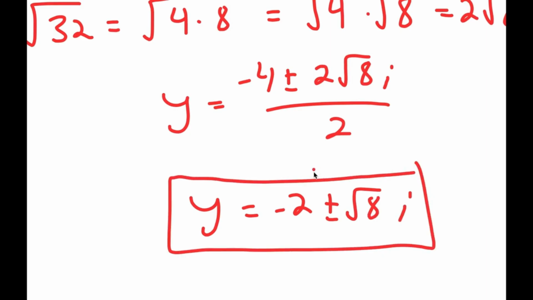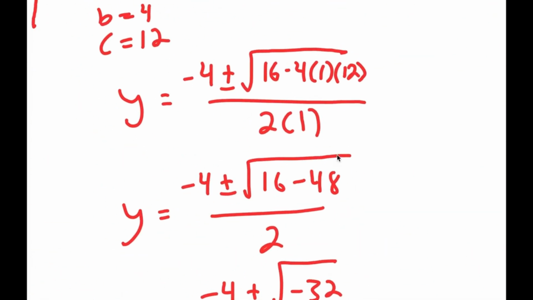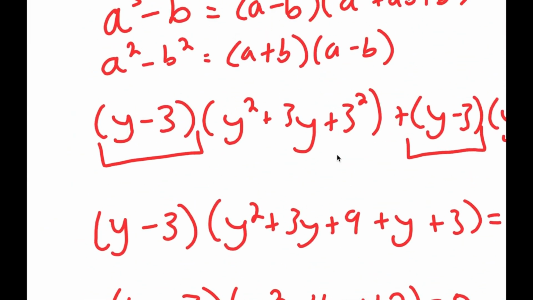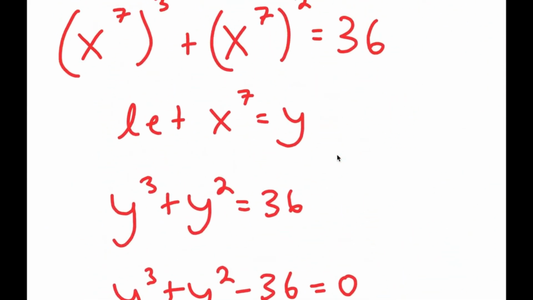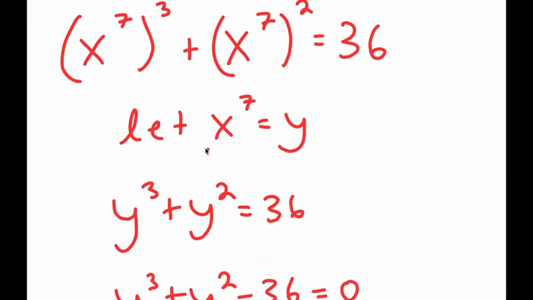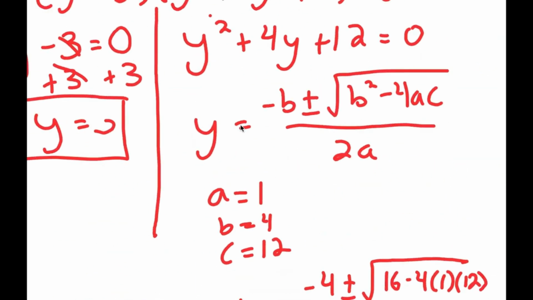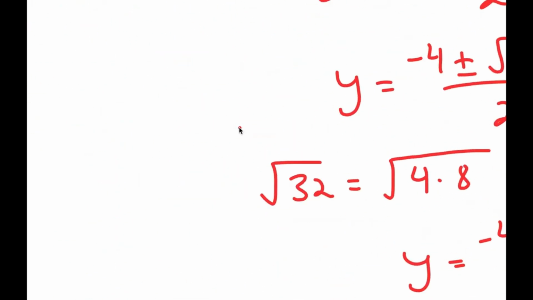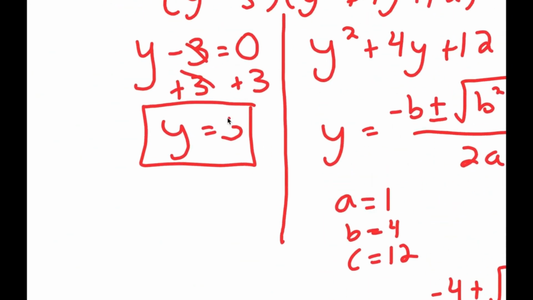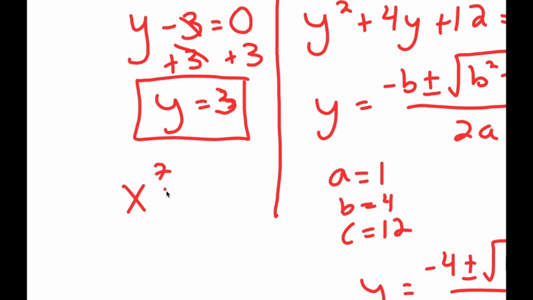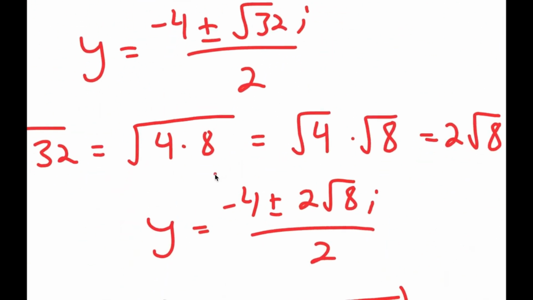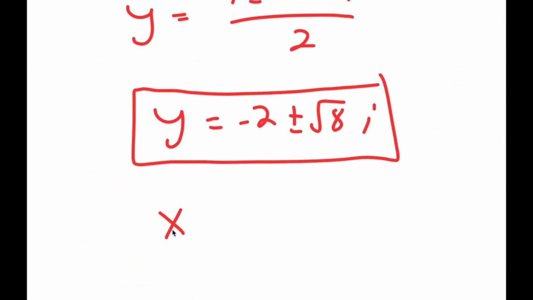However, we're not done yet, because remember back here, we let x to the power of 7 equal to y. So if x to the power of 7 is equal to y, then I get x to the power of 7 is equal to 3. And I also get x to the power of 7 is equal to this.